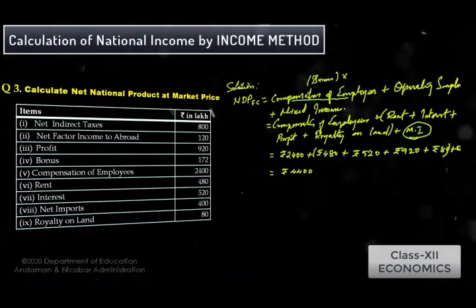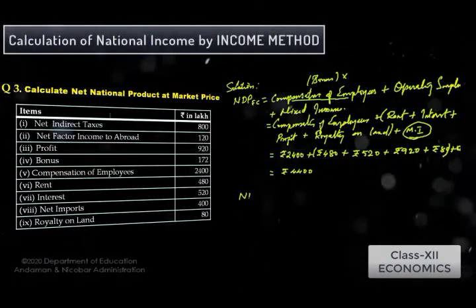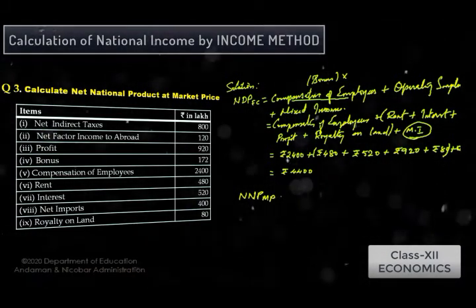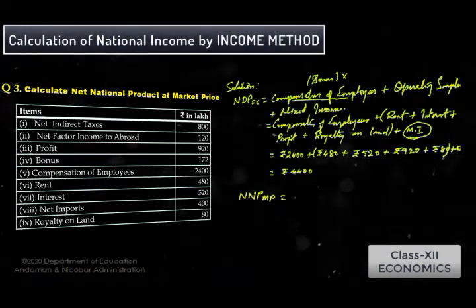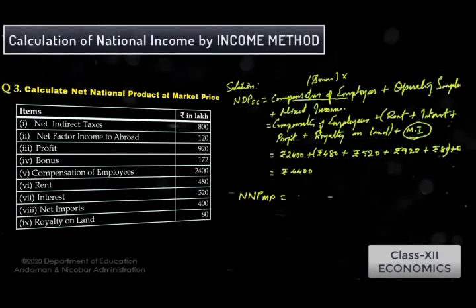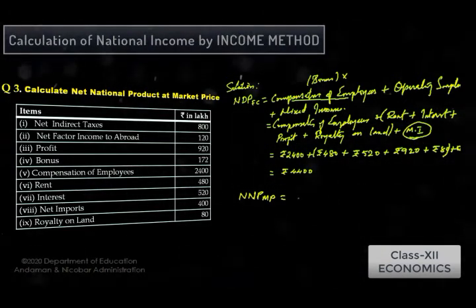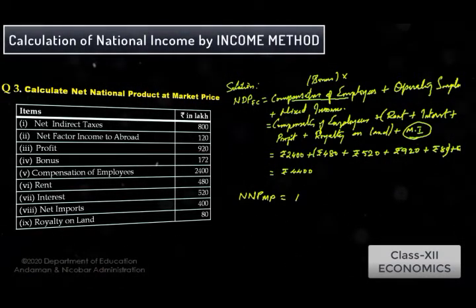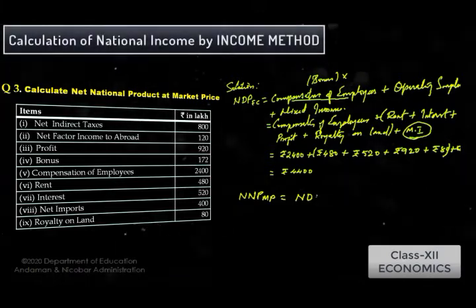After finding the value of NDP at factor cost, now we will find the value of NNP at market price. Students, we know the conversion formula for how the aggregates can be converted from one form to another. Here we already got the value of NDP at factor cost, so we need to convert two things.